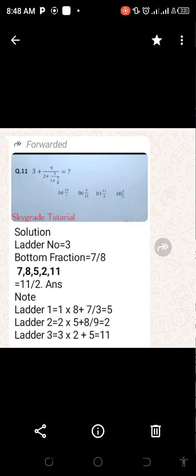The last fraction is 1 plus 2 over 1 plus 3 over 1 plus 4 over 5. It is the same routine. We write down the bottom fraction and evaluate each of the ladders, just as we have done in other questions.